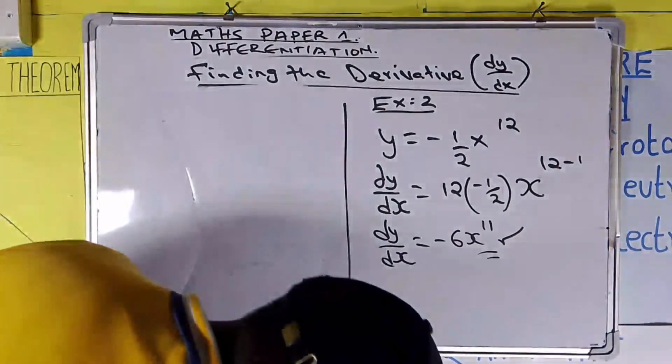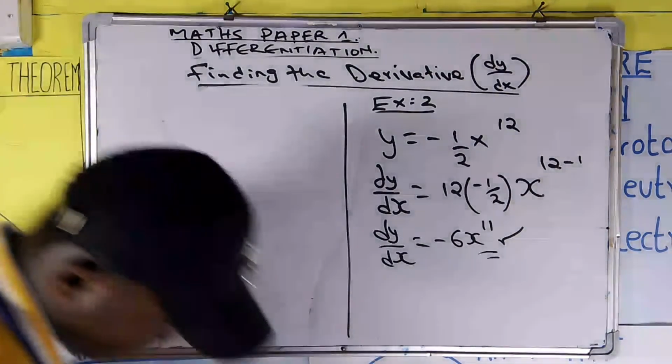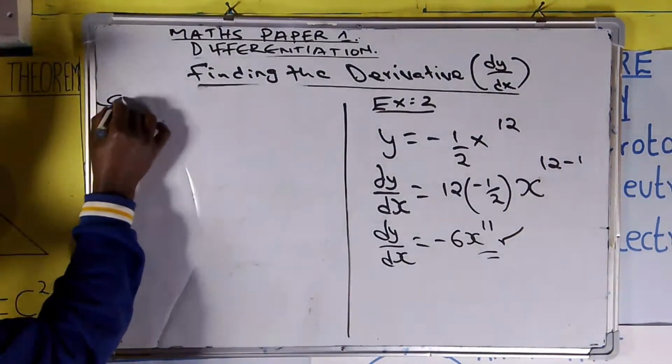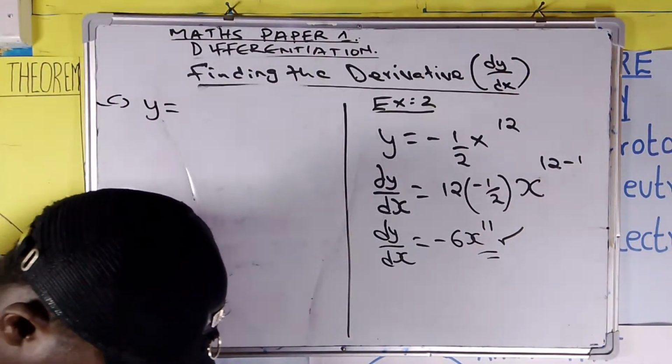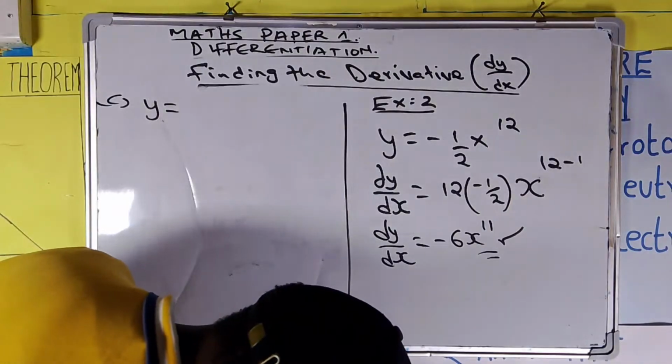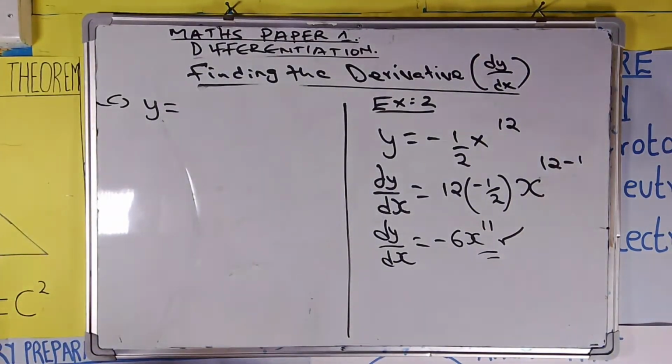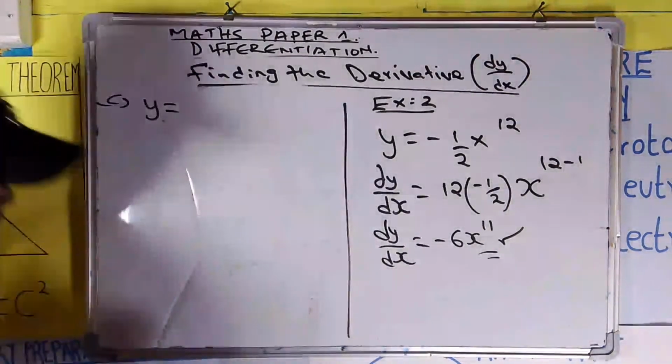We can do another example. y is equal to 2 over 3 x to the power 3 over 4.